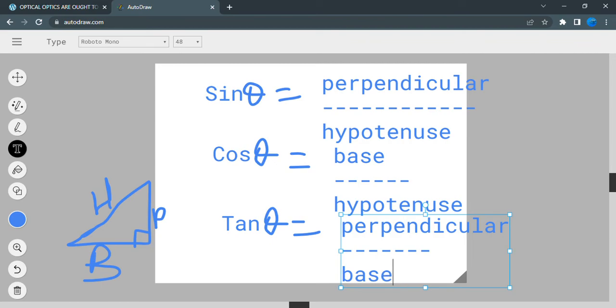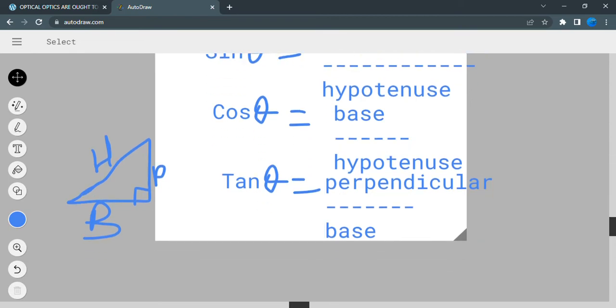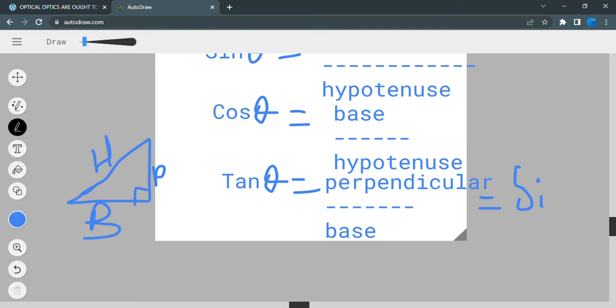Now you might notice a relationship between sine theta, cos theta and tan theta. What is it? If you notice carefully, tan theta is basically the ratio of sine theta and cos theta, sine theta upon cos theta.